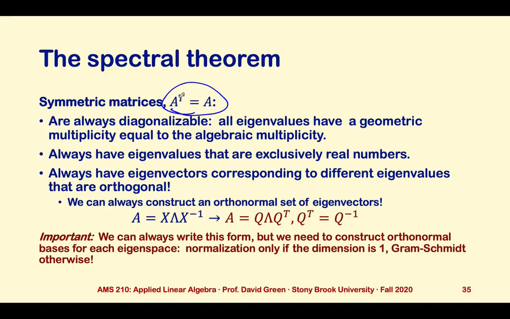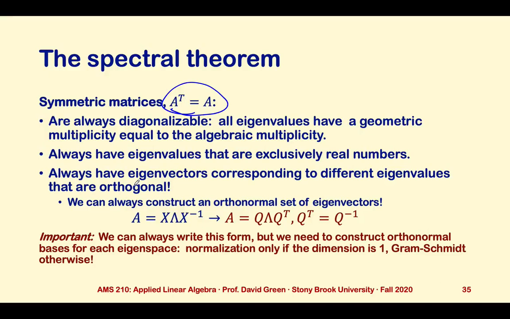Symmetric matrices also always have eigenvalues that are exclusively real numbers. We never get complex eigenvalues when we're dealing with symmetric matrices. Finally, for symmetric matrices, it's not only the case that eigenvectors corresponding to different eigenvalues are linearly independent, they are in fact orthogonal.